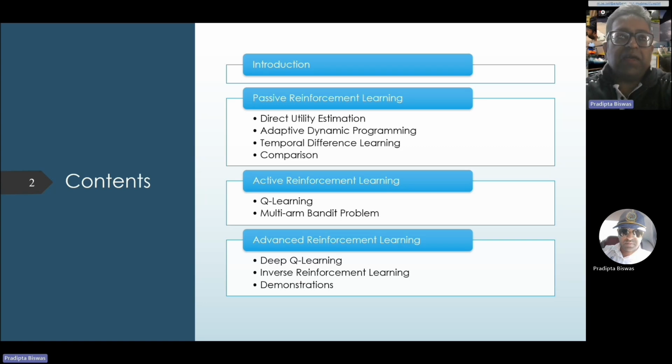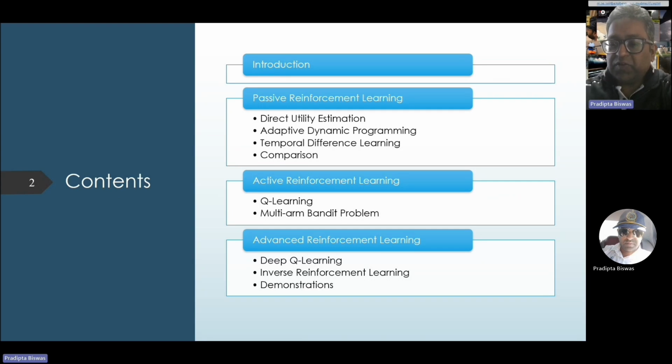It will be followed up by a discussion of some case studies where our students developed a scheduling algorithm using the concept of the multi-arm bandit problem. And finally, we will very briefly introduce some advanced reinforcement learning concepts like deep Q-learning, which you may find has some resemblance to direct utility estimation when we discuss it.